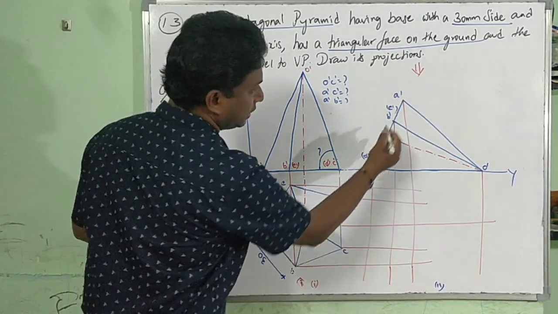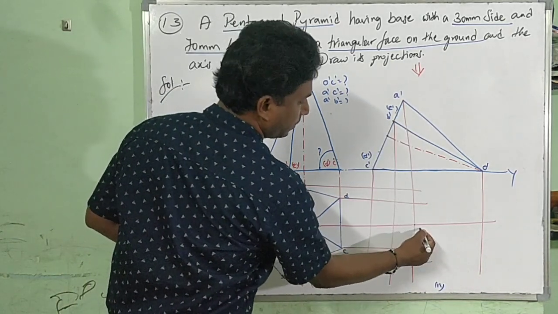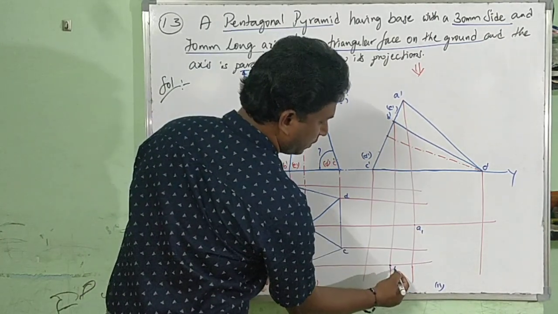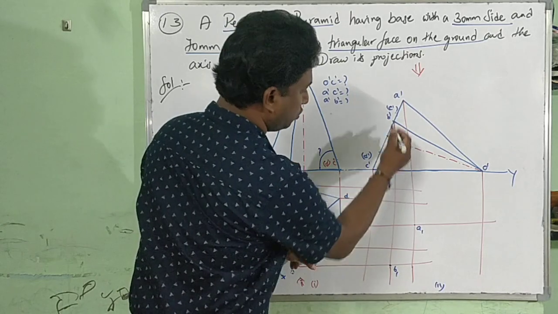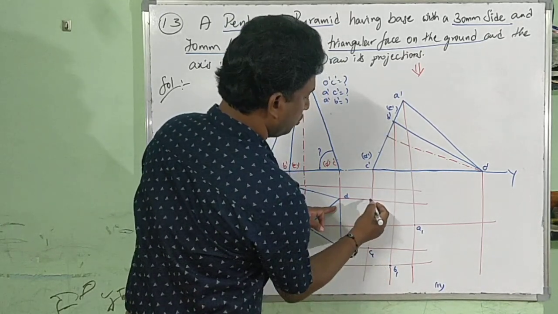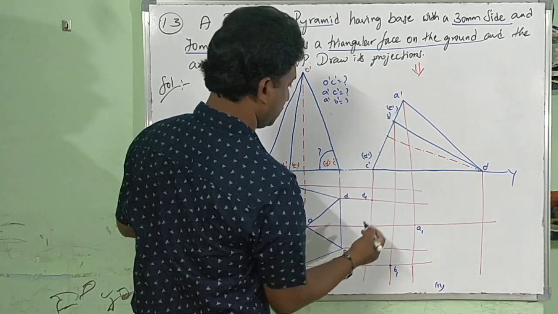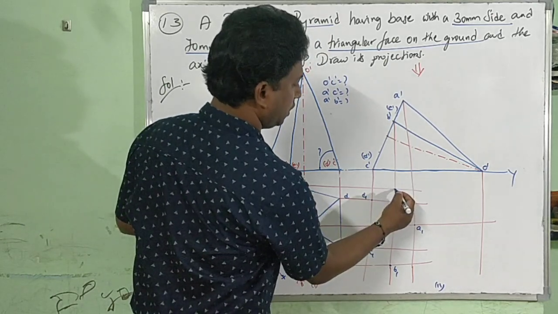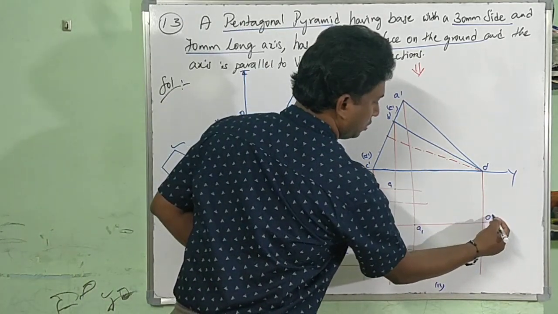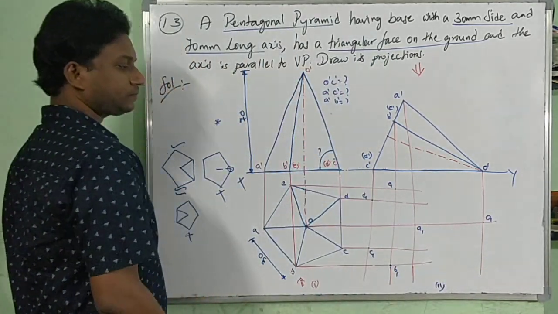Try to pick points. A to A, A1 new point. B to B, B1 new point. C to C, C1 new point. D to D, D1 new point. E to E, E1 new point. Now O to O, O1 new point.